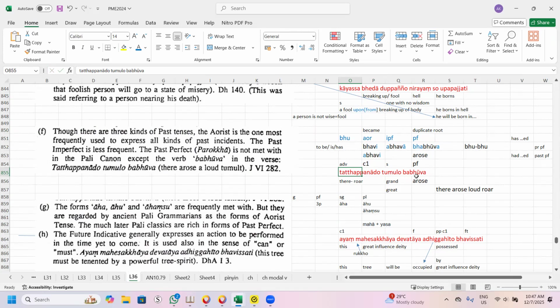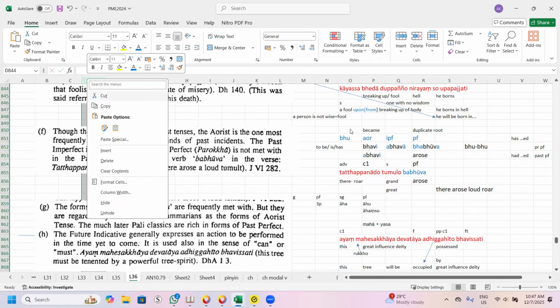Yeah. The important thing right now is not how to do a perfect English translation. You don't need to do it. Here it says the word tumulo means grand or great. Okay, so this is a compound.